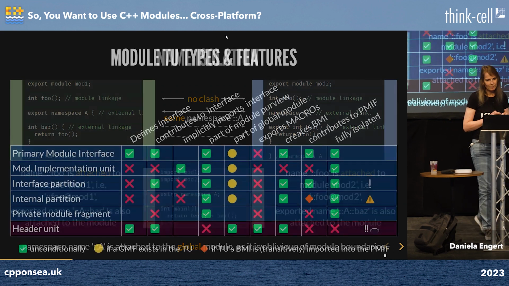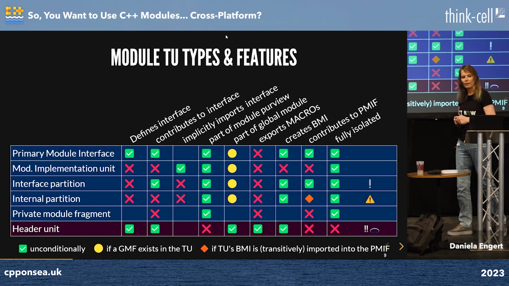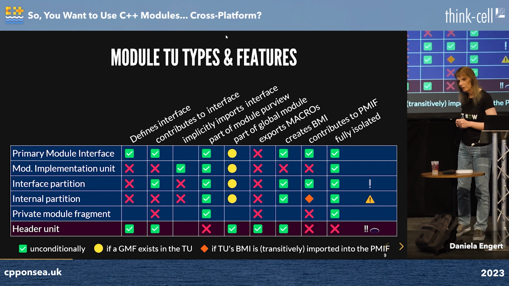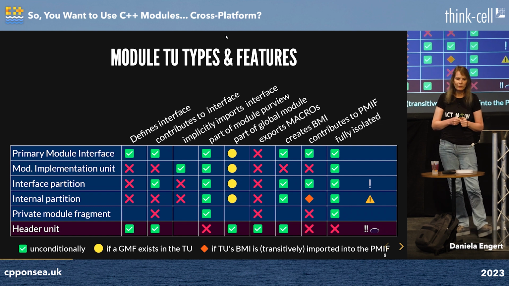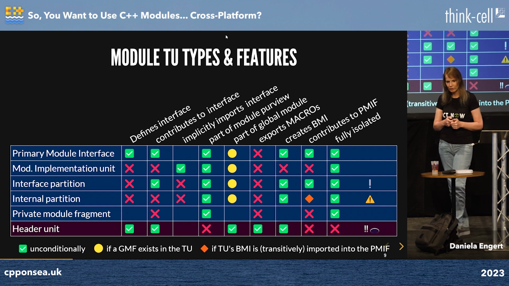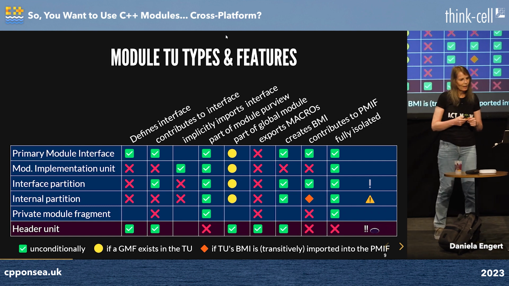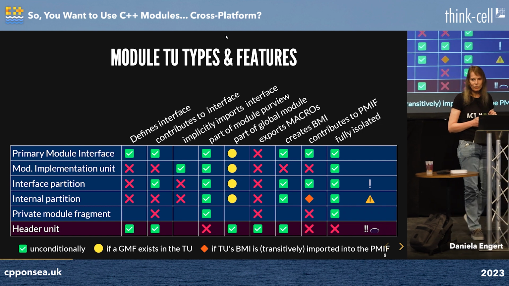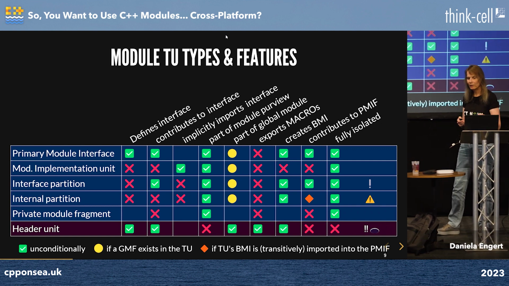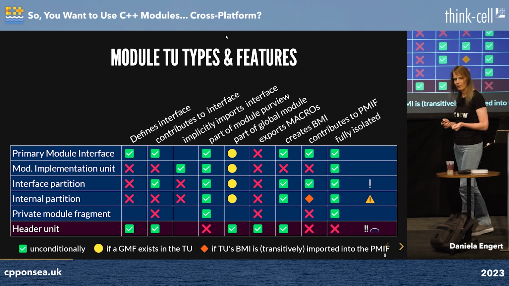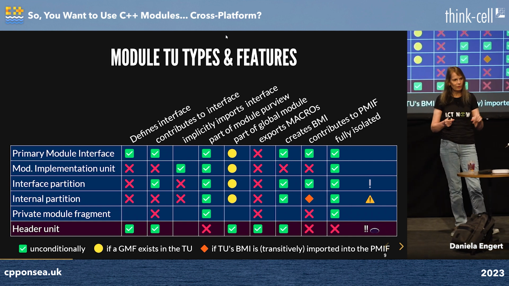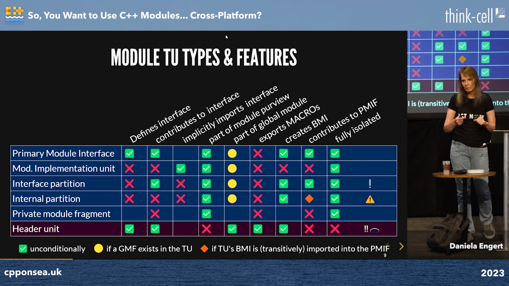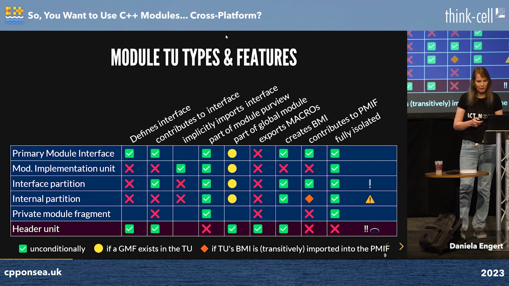The last part of this introduction is that we don't only have primary module interface units, we also have module implementation units, as seen before, and three more different additional translation units for named modules: interface partitions, internal partitions, and the third one is not actually a translation unit, but you can consider private module fragments just like a module implementation unit.